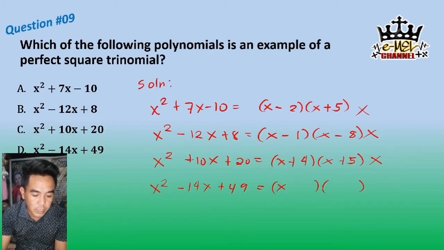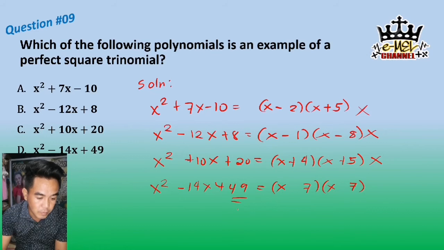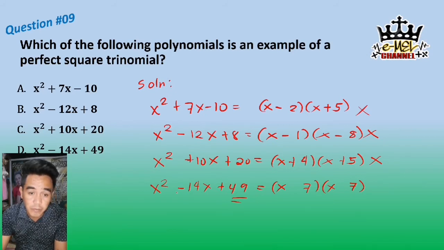Now, x. How to get 49? 7 times 7 or 49 times 1. Here, we're going to use the 7. The operation is positive, so we're going to use positive. But the middle term is negative, therefore we're going to take the negative.